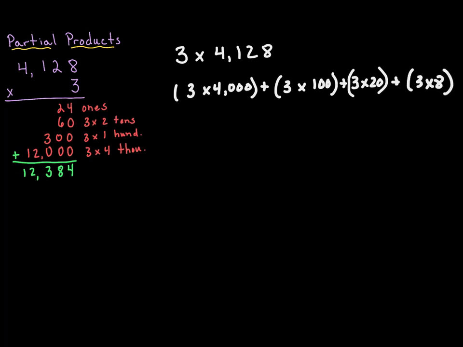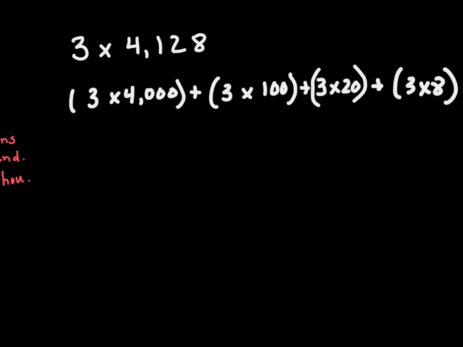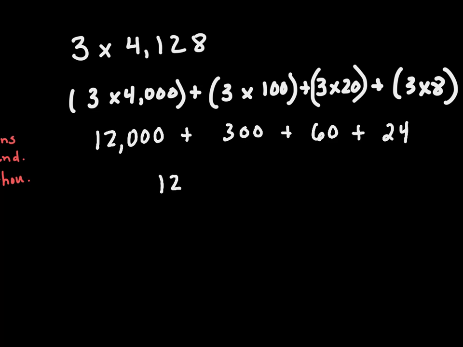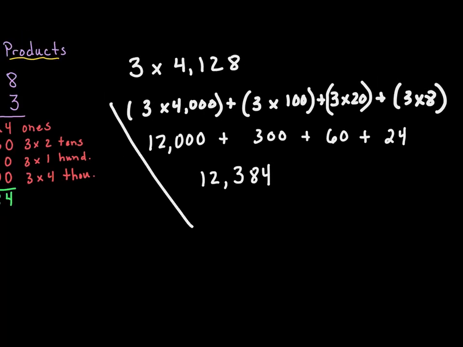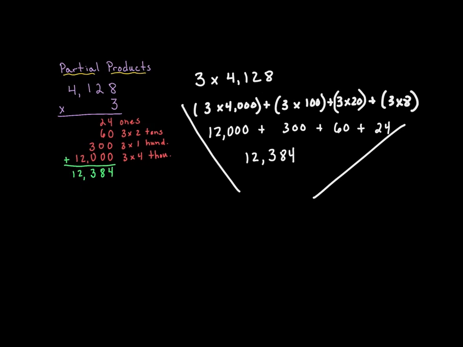All right, now we can start solving. 3 times 4 is 12, but then it's in the thousands, plus 3 times 100, well, that's 300. 3 times 20 is 60, plus 3 times 8 is 24. Now we can add them up. We have 12,000, we have 300, 60 plus 24 is 84. So our product is 12,384. Nice funnel. And we got a match. See that? Good way of checking.